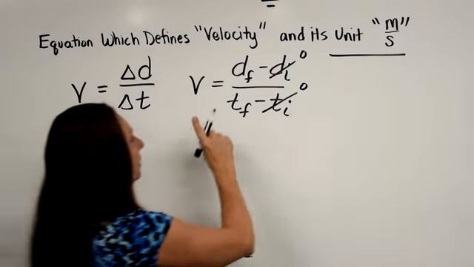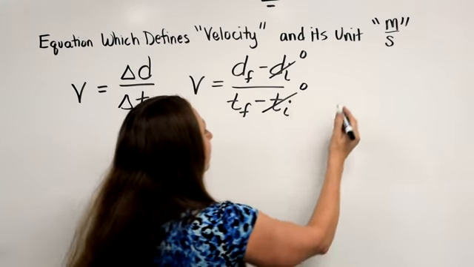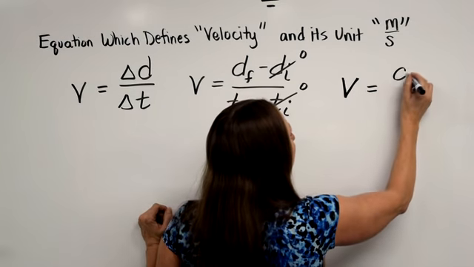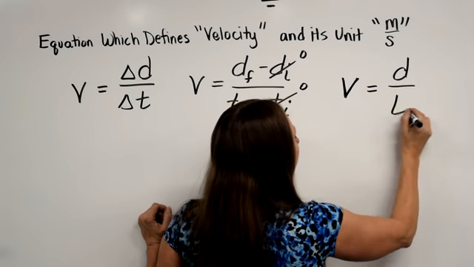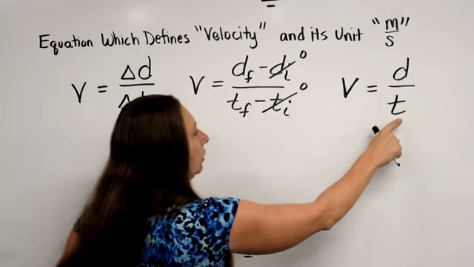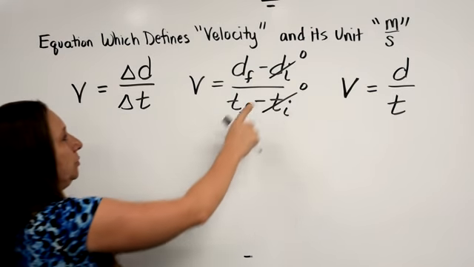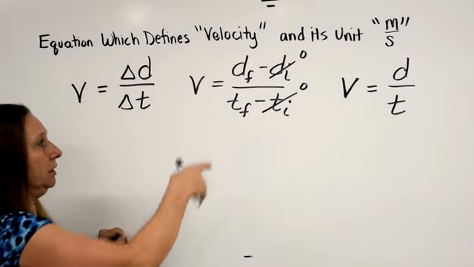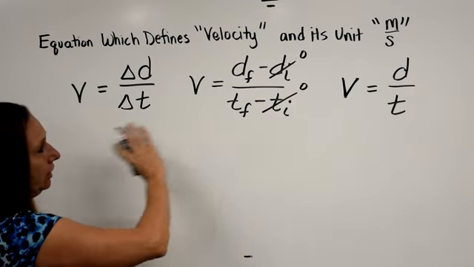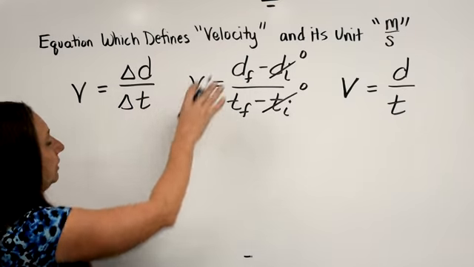When that's the case, this equation simplifies down to velocity equals displacement divided by time, that would be d final over t final. But since both initials are 0, we don't need the subscripts. All right, so there's your equation for the definition of velocity.